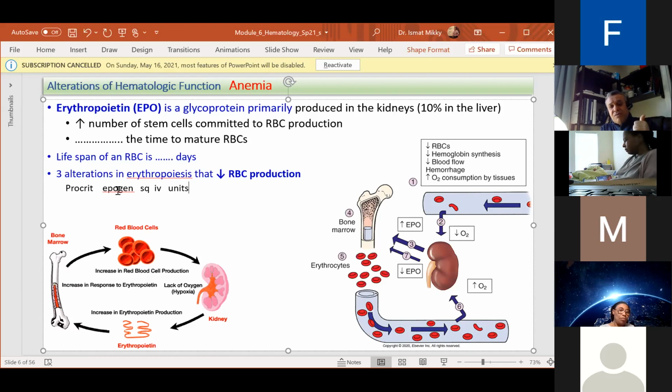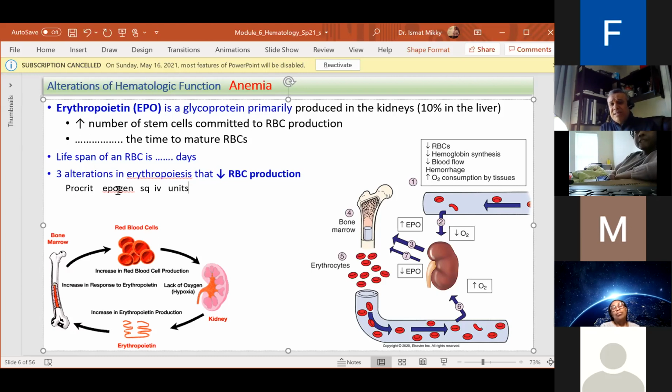So the first alteration will be decreased hemoglobin synthesis, or there is a defective DNA synthesis in the red blood cells, or the diminished availability of the RBC precursors.